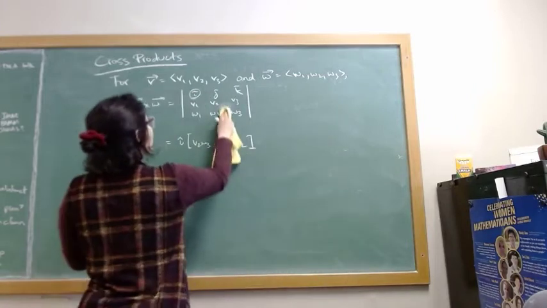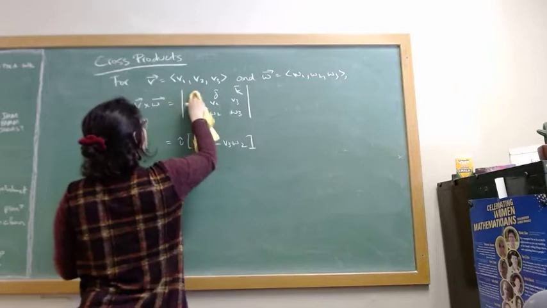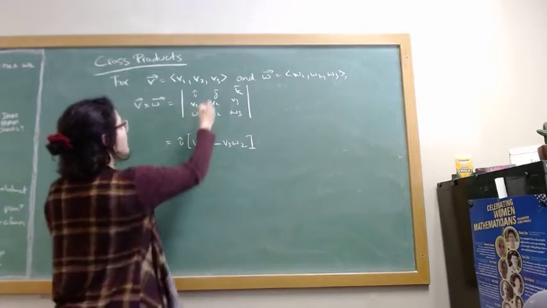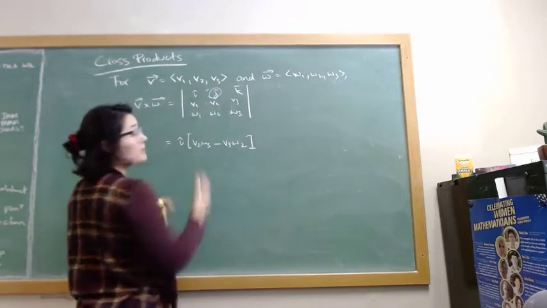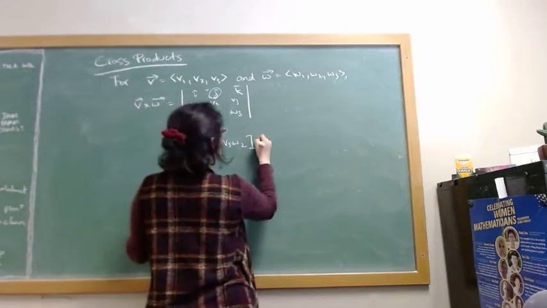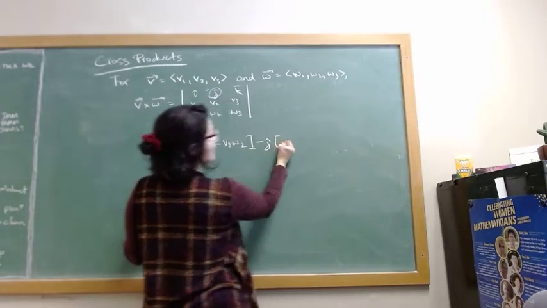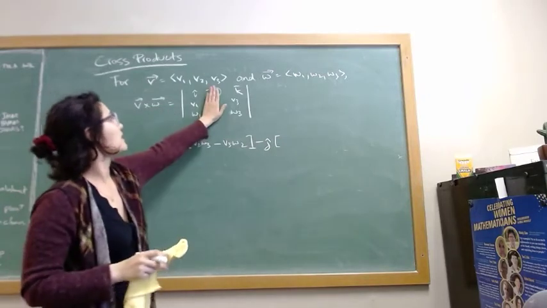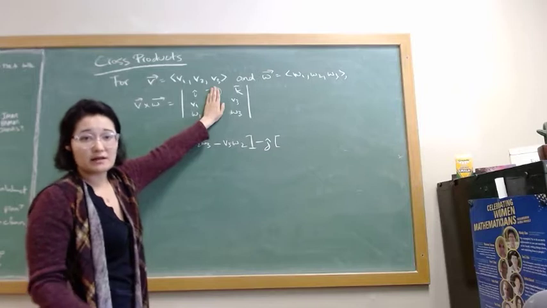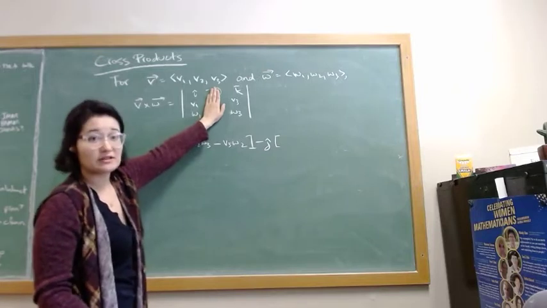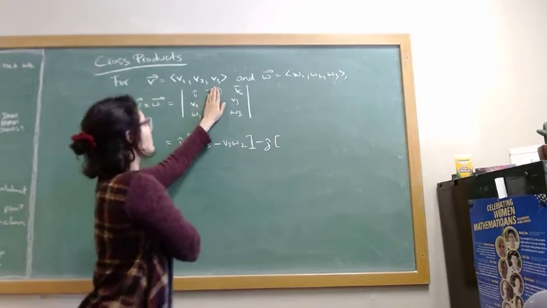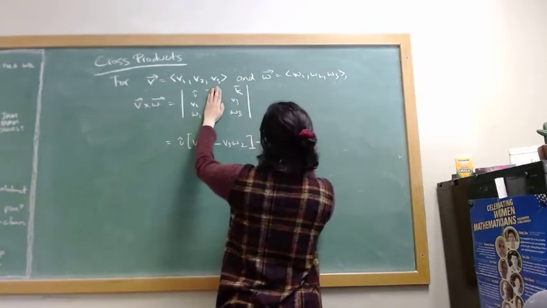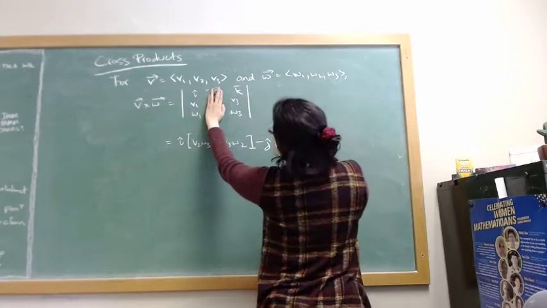Okay, then I go on to the second component. But I have to add a minus sign because that's how determinants work. Just remember it if you don't know determinants. Again, ignore what's below what I've just written, j hat, and then take a cross multiple. Here that's going to be v1w3, subtracting the other diagonal, v3w1.